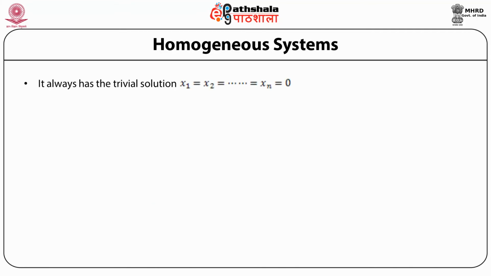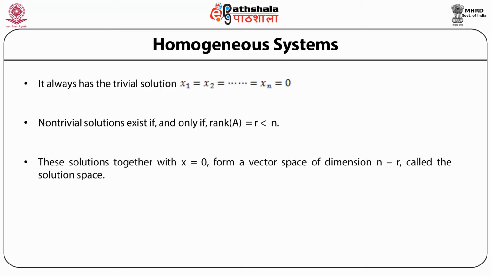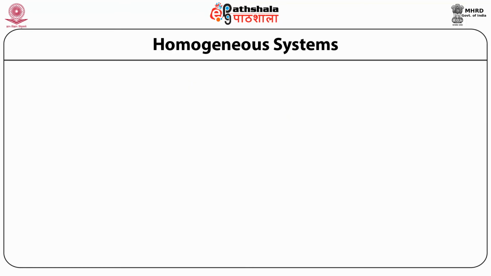First, it always has the trivial solution, which is x1 is equal to x2 is equal to so on till xn equals 0. Second, non-trivial solutions exist if and only if rank of matrix A is equal to R is less than n. Third, these solutions together with x is equal to 0 form a vector space of dimension n minus r, which is called the solution space. We will prove this theorem now.